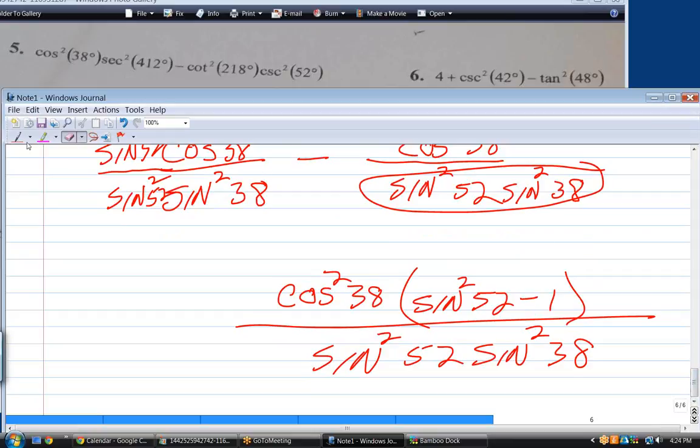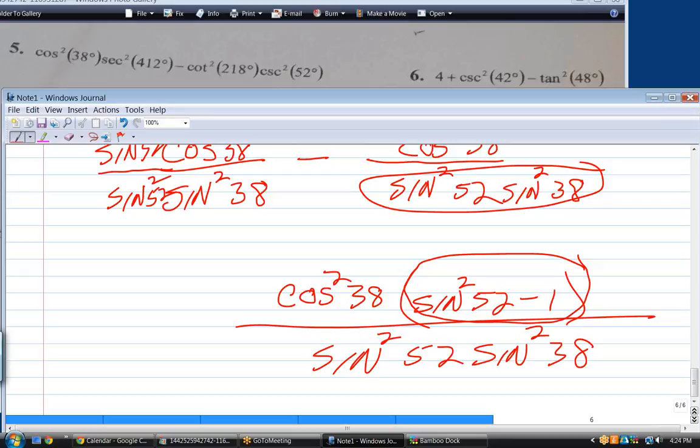What can I replace this with? Your first Pythagorean trig identity. If sine squared plus cosine squared equals 1, then what does sine squared minus 1 equal?